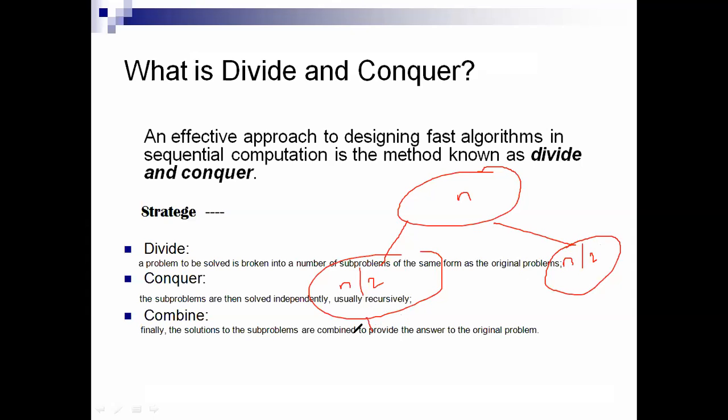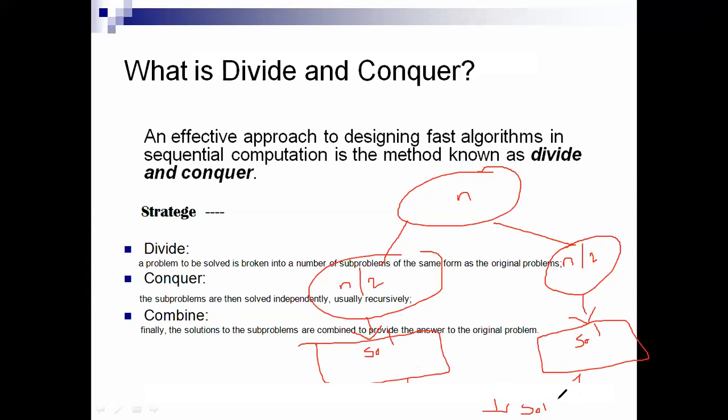Then I find a solution to this problem and also a solution to the other problem. Then we combine these two, and that is the solution to the original problem.